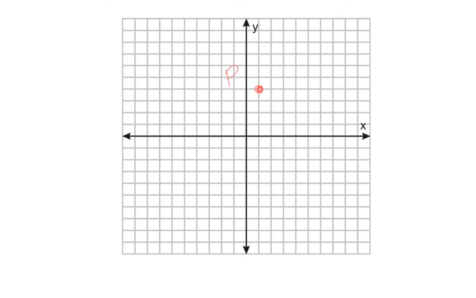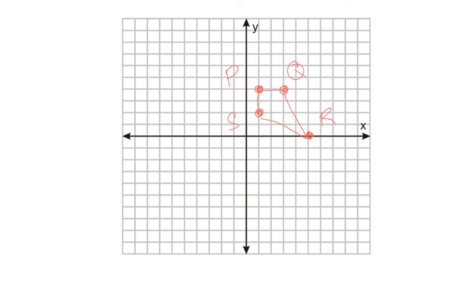Next, I'm going to write point Q, which is (3, 4). Next, I'm going to do point R, which is (5, 0). And last but not least, I'm going to draw in point S, which is (1, 2). I'm going to go ahead and connect these dots. As you can see, you have a quadrilateral which looks like a kite, but we have to verify its properties.